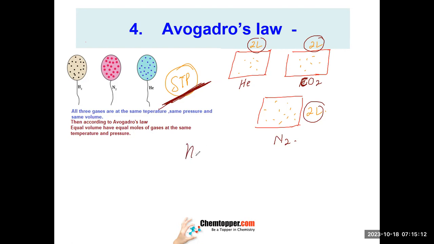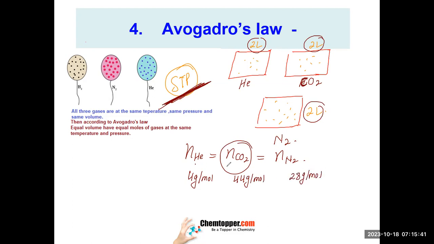So the number of moles of helium will be equal to the number of moles of CO2, which will be equal to the number of moles of N2. Now moles are same. Now which one has the highest molar mass? CO2. Helium is 4 grams per mole. CO2 is 44 grams per mole. And N2 is 28 grams per mole.